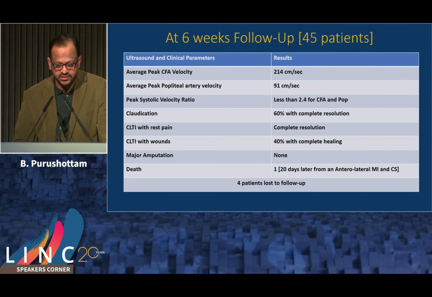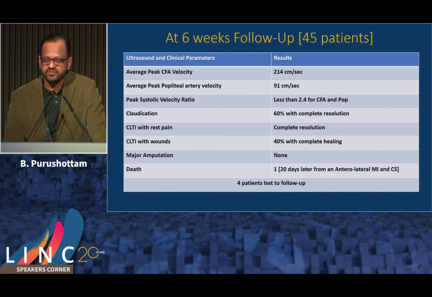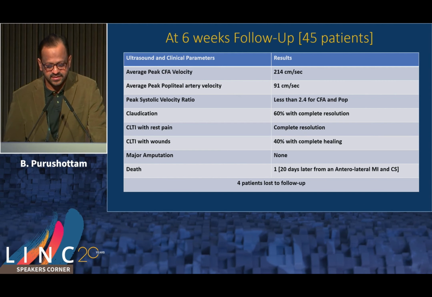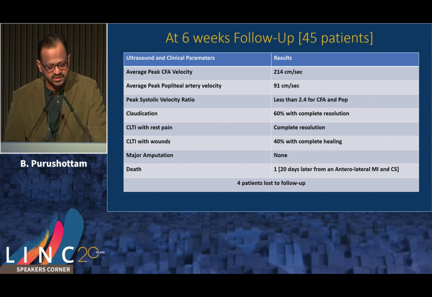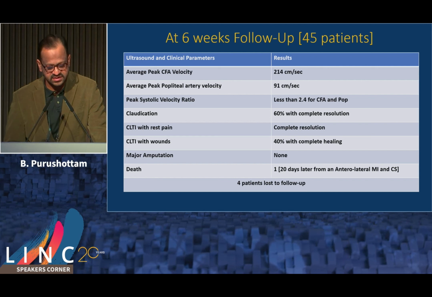At 6 weeks, we had 45 patients who came back to us. One of the reasons we had difficulty with follow-up is that the next hospital from where we are is literally 250 miles away, so this is real rural country. In the 45 patients, the average peak CFA velocity ratio was not significant, and the same with popliteal, with the ratio less than 2.4. In the CLTI patients with rest pain, 40% had complete resolution.